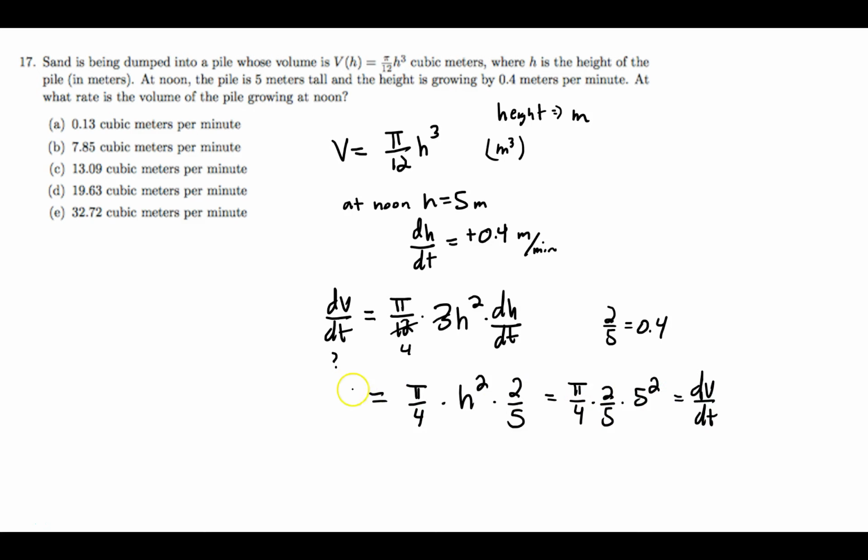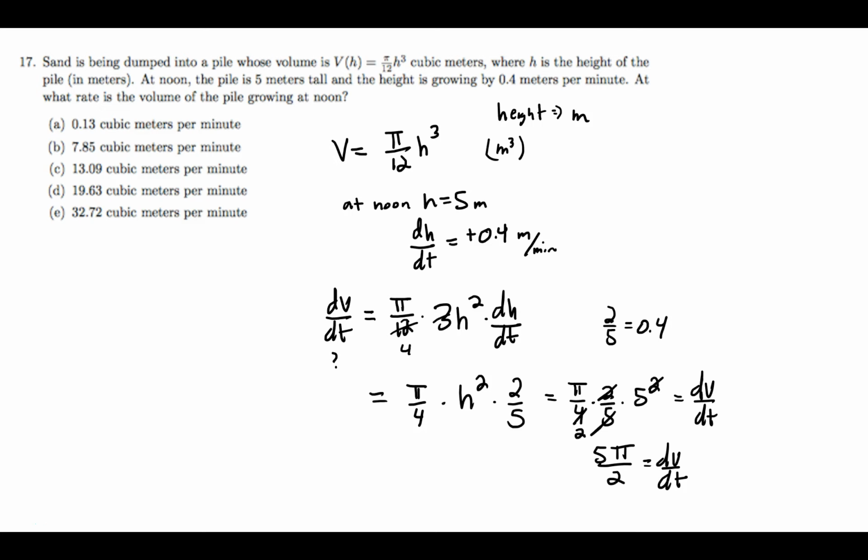Now these answers are in decimal format, so this 5 can cancel one of those 5s. This 2 can cancel that 4 and turn into a 2. And it looks like we have 5 pi over 2 is what dV/dt is. We would need a calculator at this point to figure it out. It's like taking 1.5 times 5.